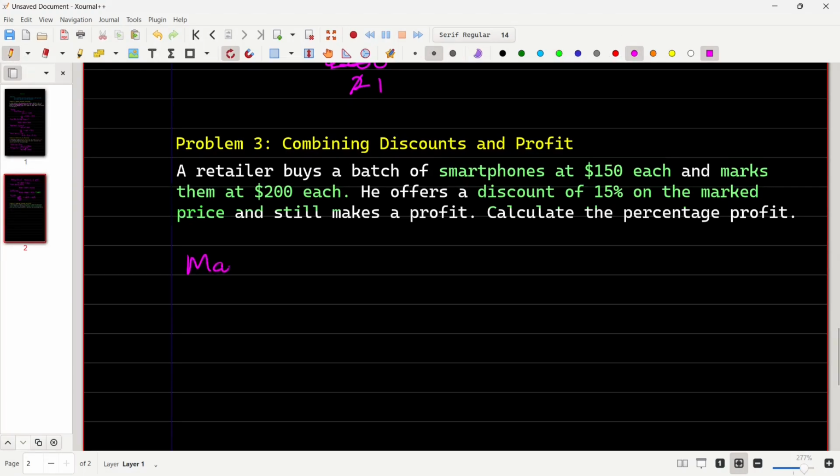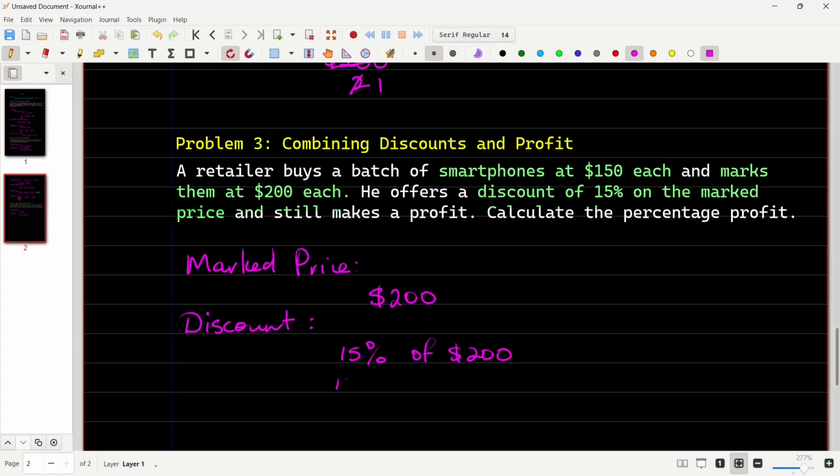That means our marked price is $200. We have next a discount on that marked price, which is 15% of $200. And then we have the finished calculation of that. 15 over 100 times 200, 0, 0, 0, 0. 15 by 2 is going to be 30, and we're looking at a $30 discount.